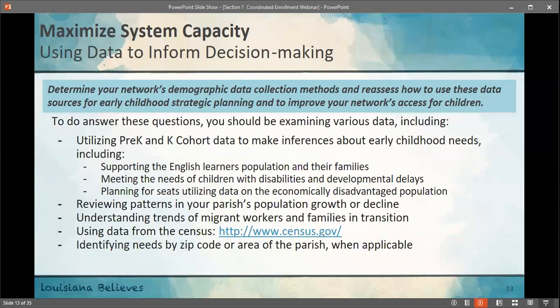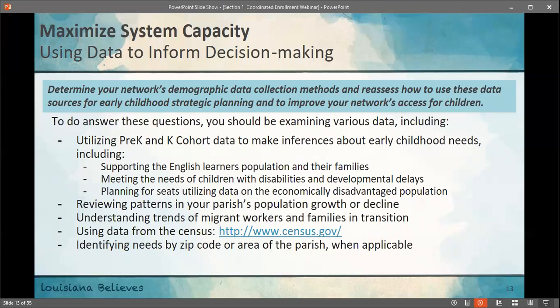All right, as you're considering all this information, there's so much data that we use to make these decisions, but I want us to consider some of it very specifically. For example, using your pre-K and kindergarten cohort information can help you make predictions on how to support your network's English learners, and it can even help you make predictions about meeting the needs for your children with disabilities.